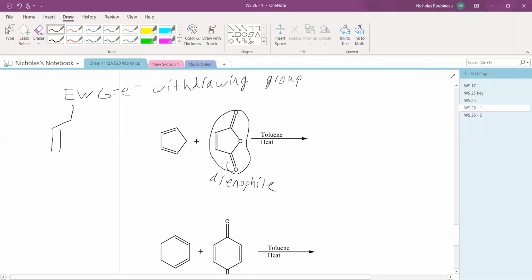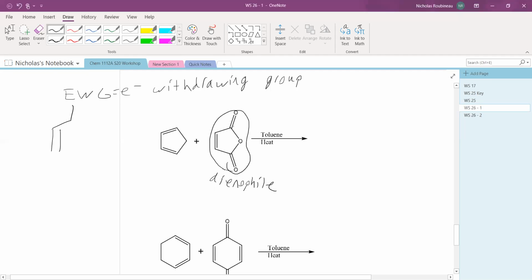If you didn't go over this in class, don't worry about it, but I'm covering it just in case. So something that withdraws electrons is something that's electronegative, like oxygen or chlorine or nitrogen, because of the dipoles they have and their polarity. They pull electrons away. And that makes the double bonds here more reactive with the conjugated diene over here. So that's a bunch of context for these reactions.